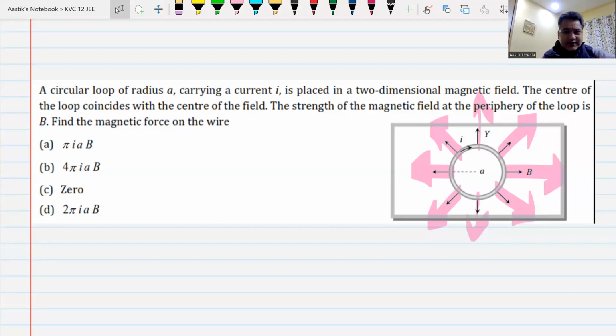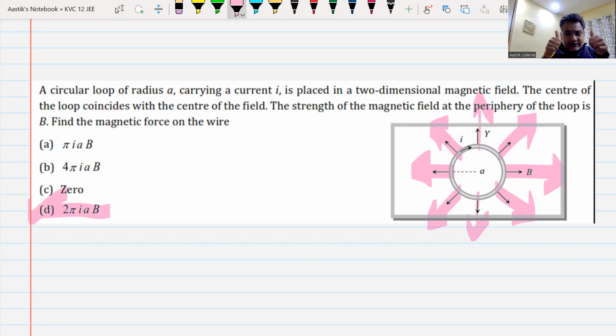For all these points, magnetic force will come out. So all the magnetic forces on small wires get added up. So it is I into L into B, but this L now becomes 2 pi A because all the forces are coming outside and getting added up. So the answer is 2 pi A into I into B.